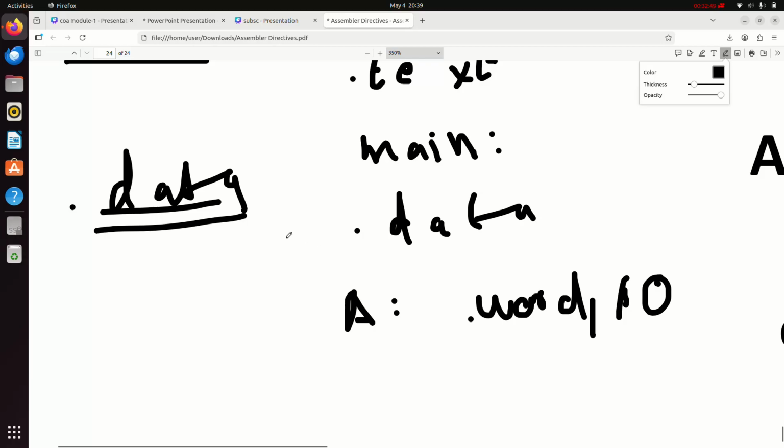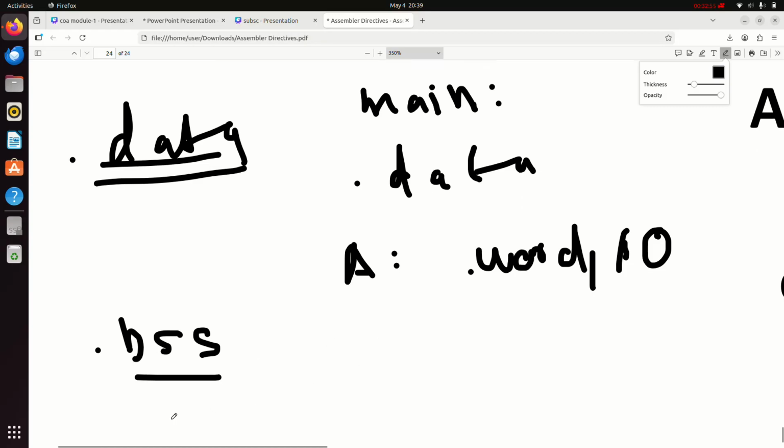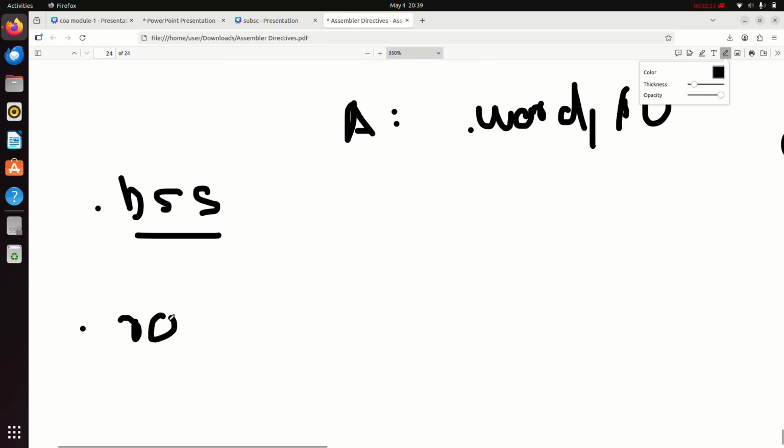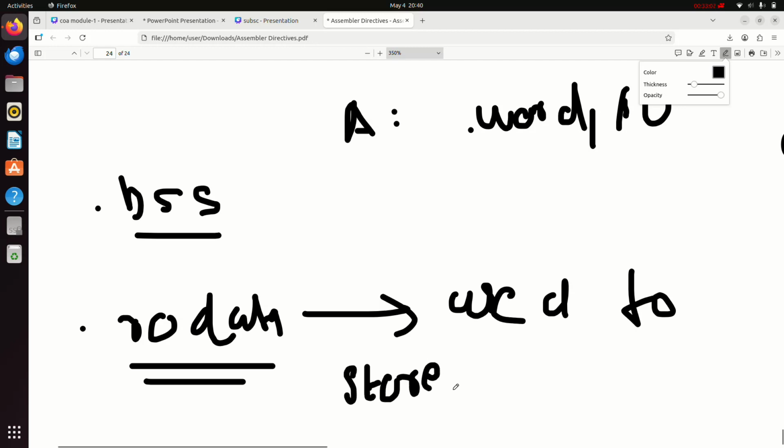Okay, .data. Now .bss means what? It is storing uninitialized global variables. Now .rodata, as I told you, is basically used to store what? Constants. Used to store constants.